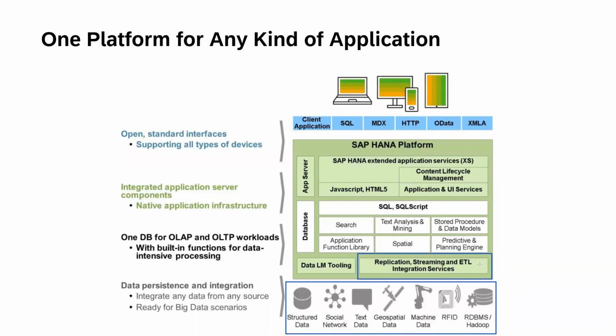These tools are already integrated into your HANA installation, HANA platform. So you don't need any third-party tool to get the data from these sources. But if it is from any other sources which are not mentioned over here, then you might need some other sourcing tool or platform or software for sourcing the data from that platform.